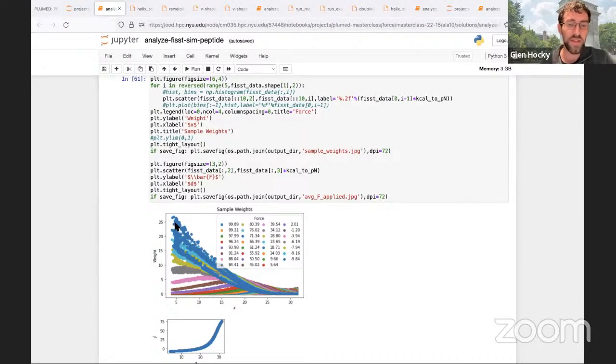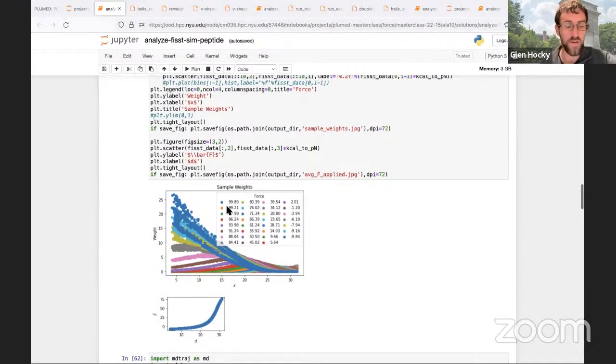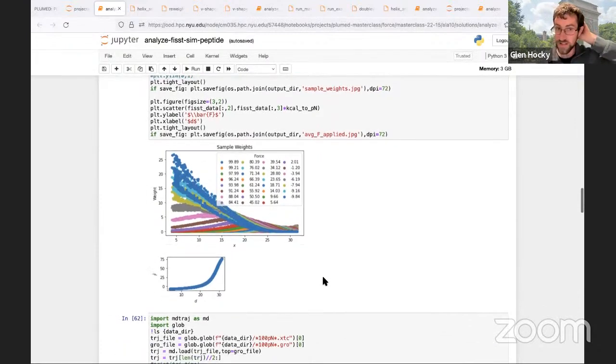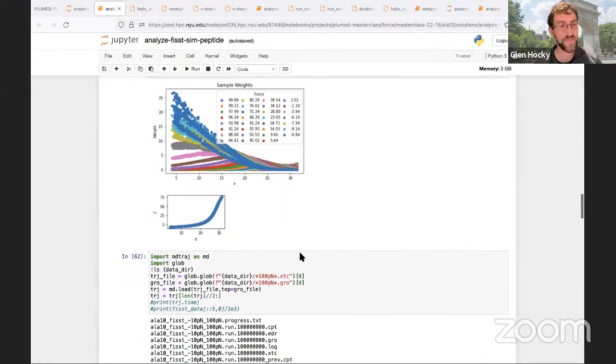And so at small distances, small forces have big weight, and at big distances, big forces have bigger weight. So you can hopefully see that somewhere within this colored data if you look at it later.